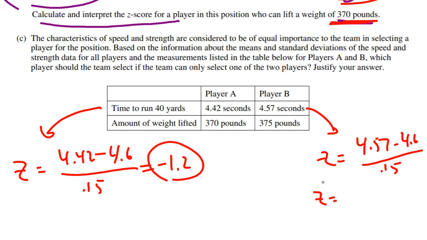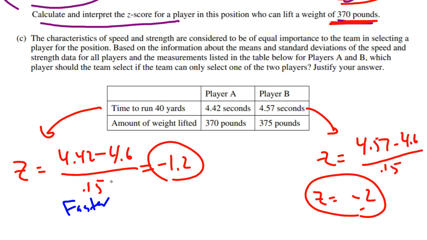Let's do the other person's Z-score, 4.57. This will not be as negative of a number. And when we divide this, we just get negative 0.2. So what we can say is, in terms of speed, person A is faster in a relative way.